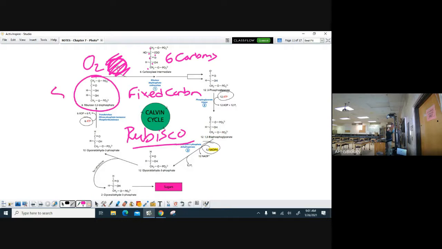But if ribulose 1,5-bisphosphate has 5 carbons and oxygen has 0 carbons, is there any fixation of carbon going on? Can we ever make a sugar if this happens with O2 instead of carbon dioxide? Is there any net gain of carbons? There's none. So this is an absolute waste.